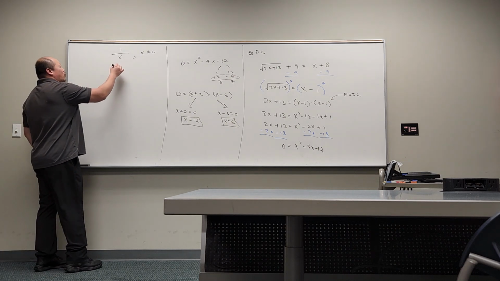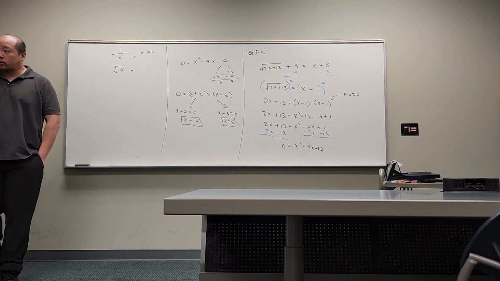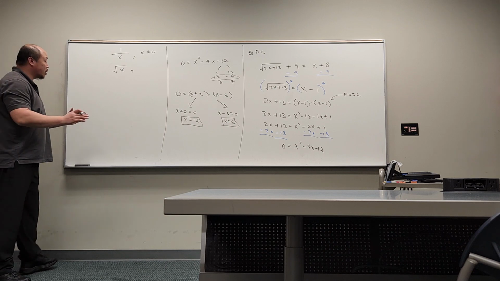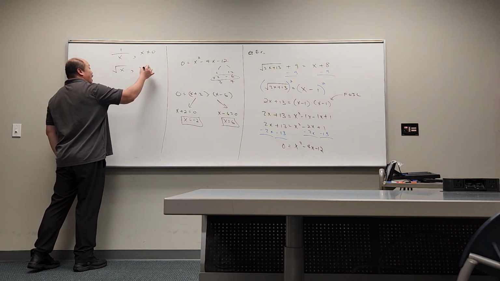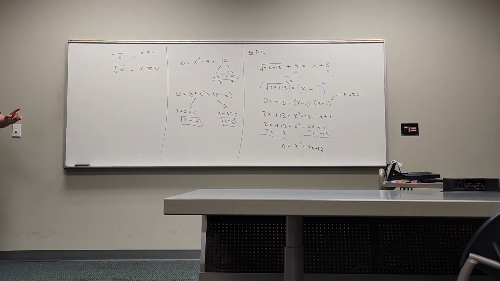Well, what happens when we have radical x? Now, I know that we learned imaginary numbers, but when you do equations right now, we're not using imaginary numbers at all. We just say, simply, x has to be bigger than or equal to 0. X cannot be negative. If x is negative, you get imaginary. We don't want to deal with that right now.